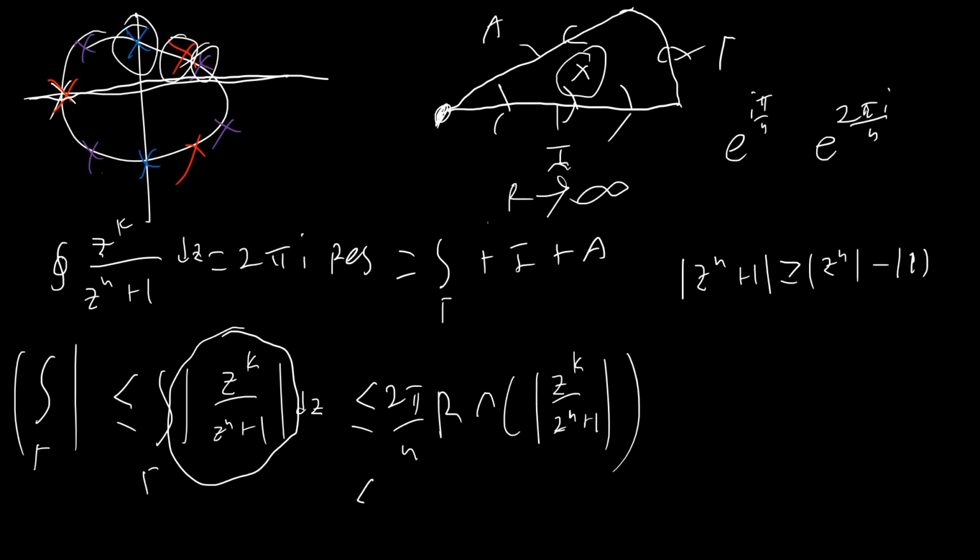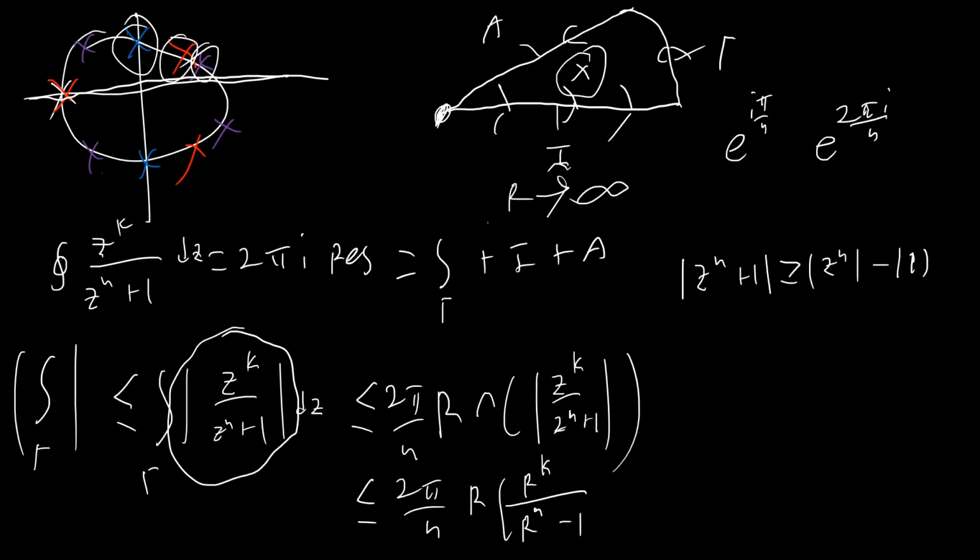So we know that this is less than or equal to 2 pi over n r times, now the absolute value of z to the k is just going to be r to the k. And then on the bottom, we're going to have r to the n minus 1, because the absolute value of z to the n is just r to the n on this outer circle.